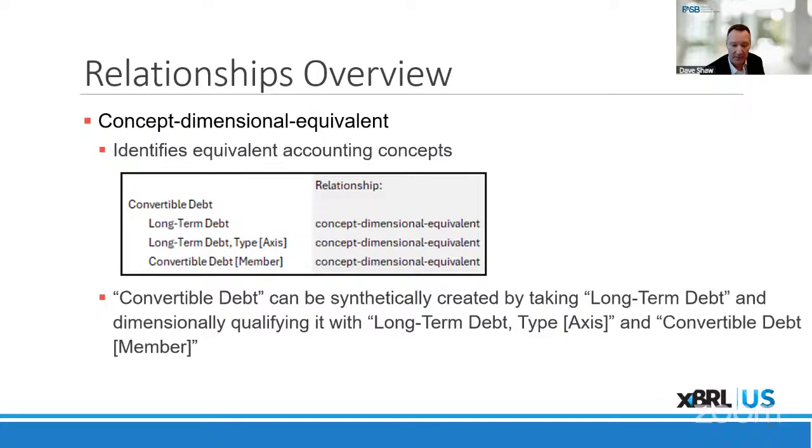Conversely, if a data aggregator or user is looking at the information, this helps them identify all of these equal relationships so that they can make sure that they pick that up in their analyses. We think that's really helpful.